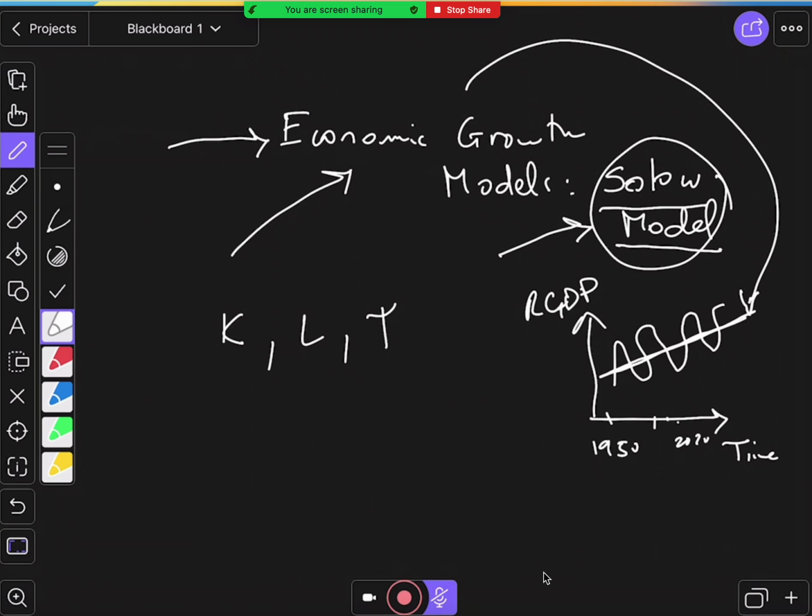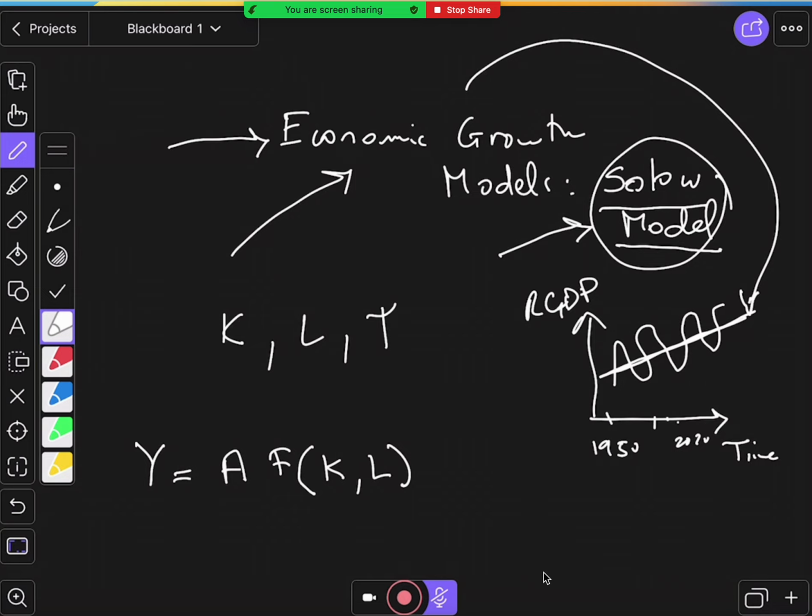Okay, so the main idea, I have actually introduced this model very briefly in our first or second class, when I was telling you that economic growth, right, is a function of a certain parameter which we call A, and then it's a function of capital accumulation and labor.